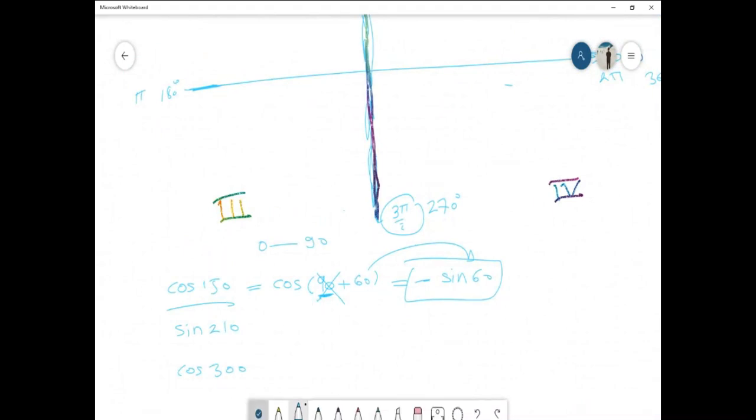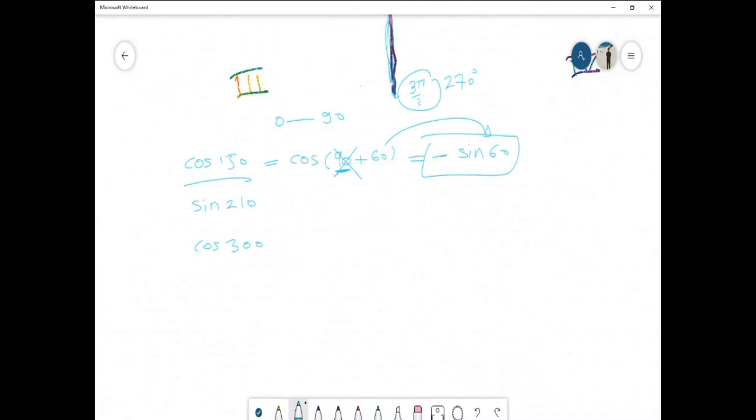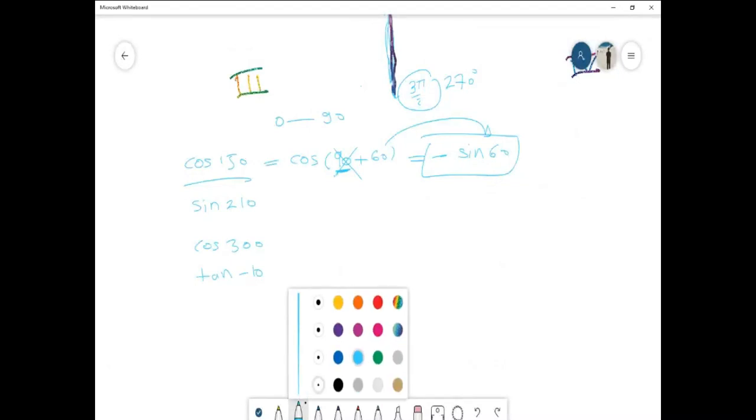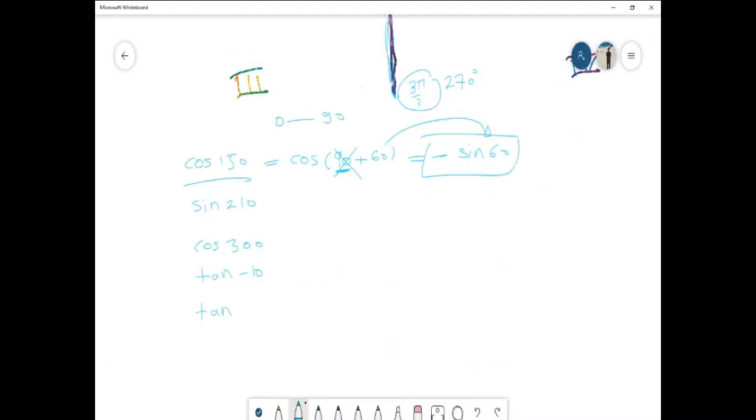Let's solve some more examples of this. Sine, let's say 210, cosine 300, tangent minus 10, tangent 400, let's say, cotangent 170, and that will be enough.